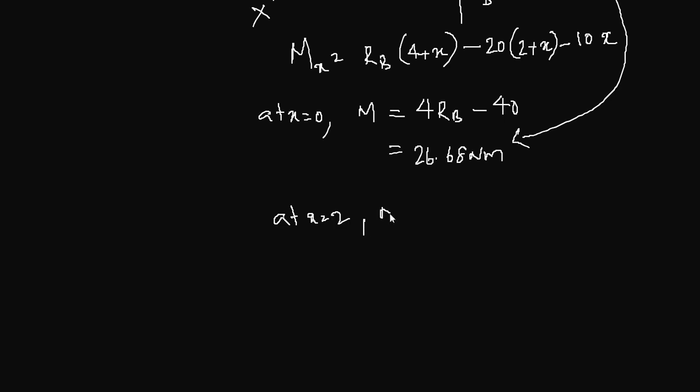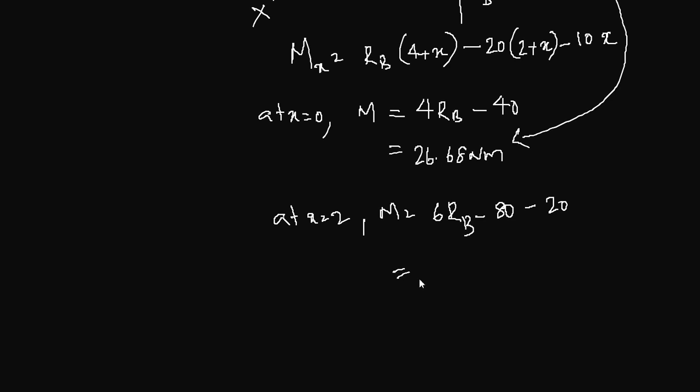the moment will be, just substitute x equal to 2 in this equation, so that will be 6RB minus 2 plus 2, 4 times 20, that is 80, minus 20. So that will be 6 times 16.67 minus 80 minus 20, that is minus 0.